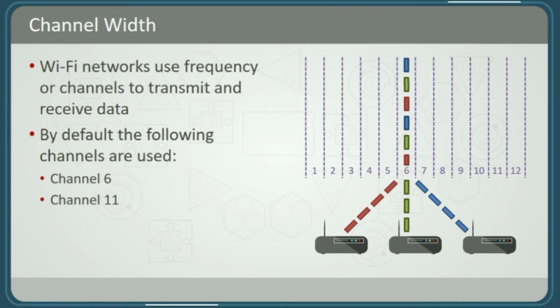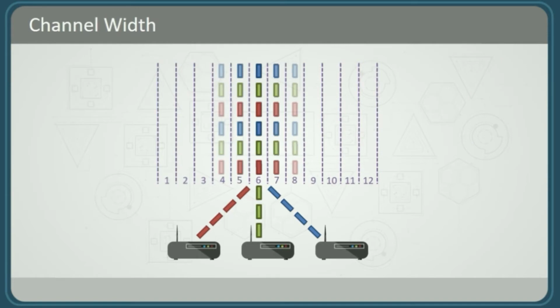There is this variance. So if we have these devices transmitting on channel 6, it does not actually look like this, where you see everything going down one channel. Because of the variance, it actually looks like this, where you see some of it, for lack of a better word, leaking out onto either side of the core channel.